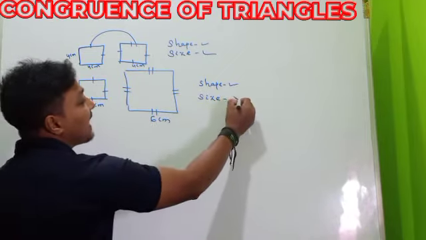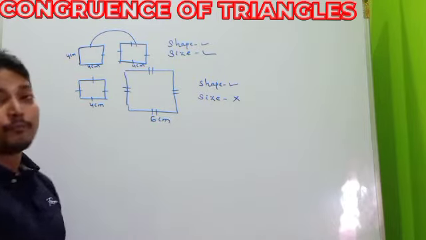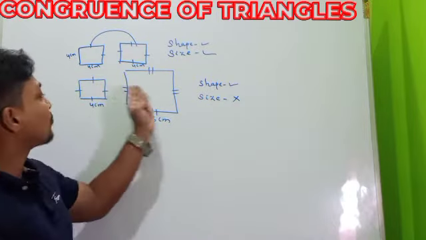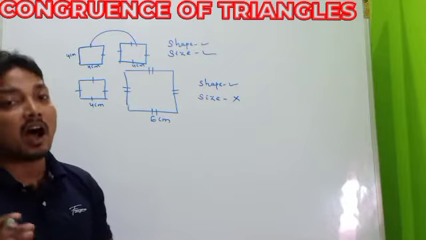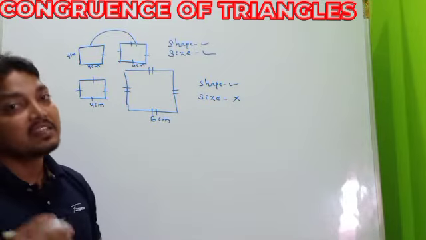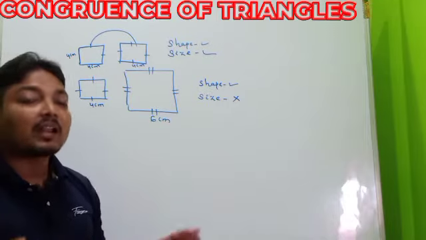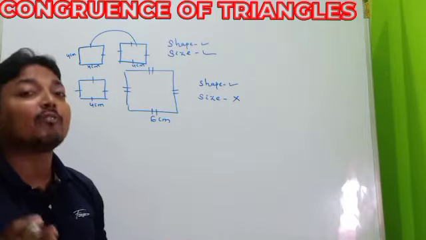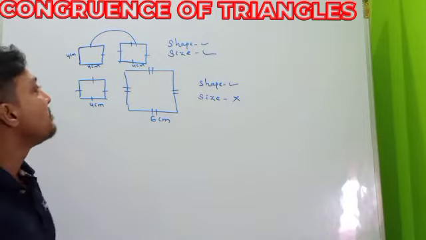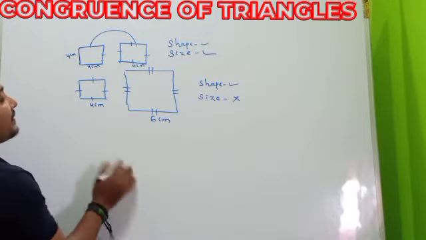So the size is different, and both these squares we cannot call congruent squares. Instead we can call them similar squares. But similar we will not learn in our syllabus. Understood?